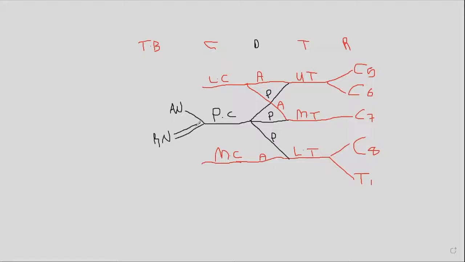On the extensor compartment of the arm, you have the triceps brachii muscle, which is innervated by the radial nerve. On the extensor compartment of the forearm, you have 12 muscles, and all the 12 muscles are innervated by the radial nerve. So basically the radial nerve innervates all the muscles on the extensor or dorsal compartment of the upper limb.